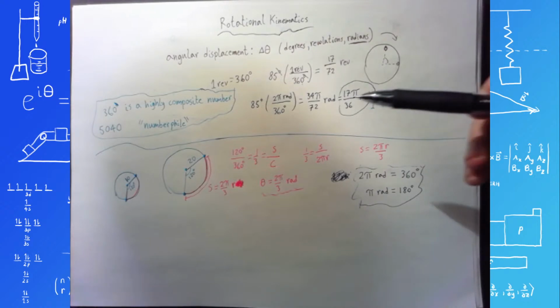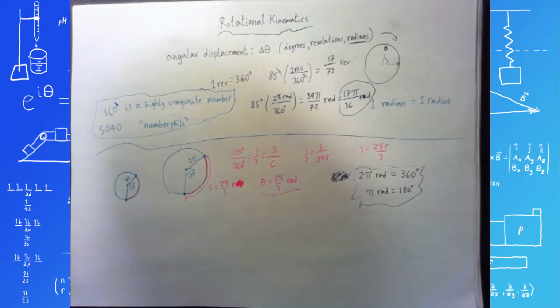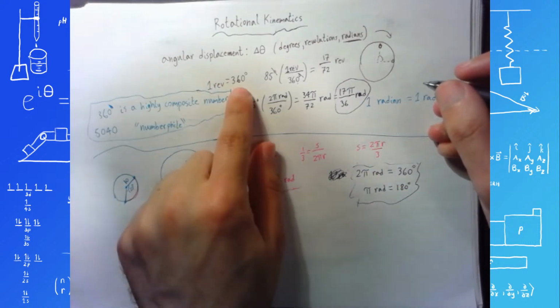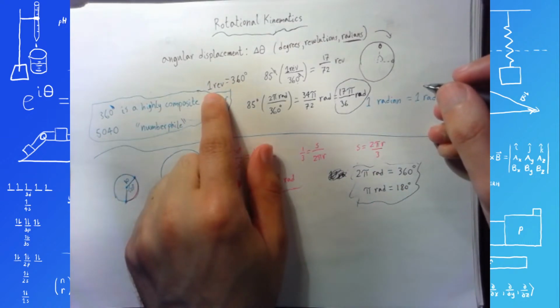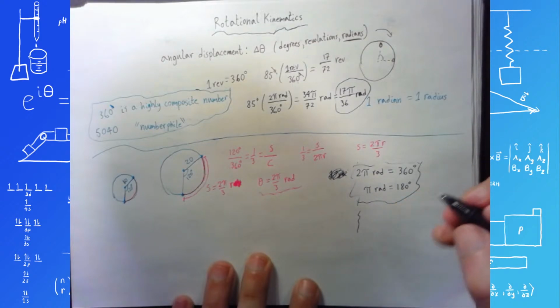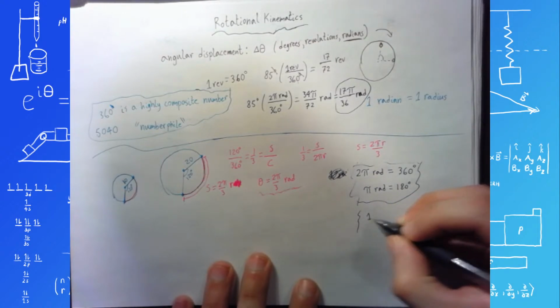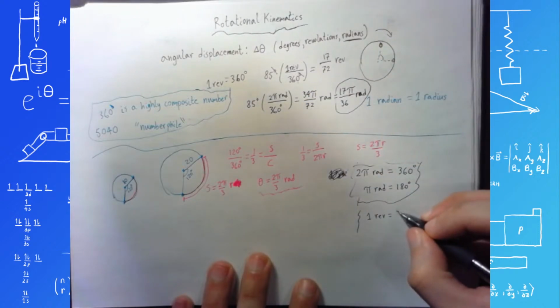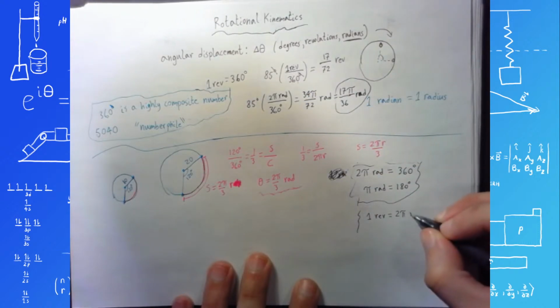Now, you might have also noticed here that there seems to be a relationship between radians and revolutions. If 2 pi radians is 360 degrees, and 360 degrees is equal to 1 revolution, then we also can directly convert between radians and revolutions. 1 revolution, which is 360 degrees, is also equal to 2 pi radians.